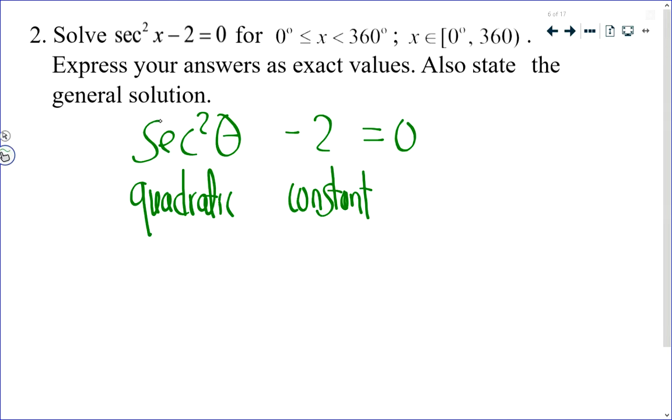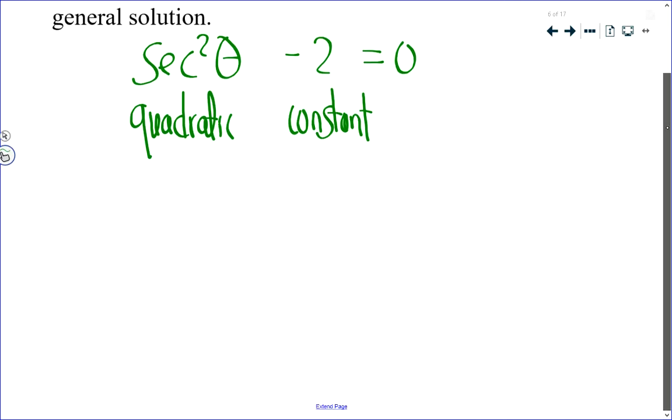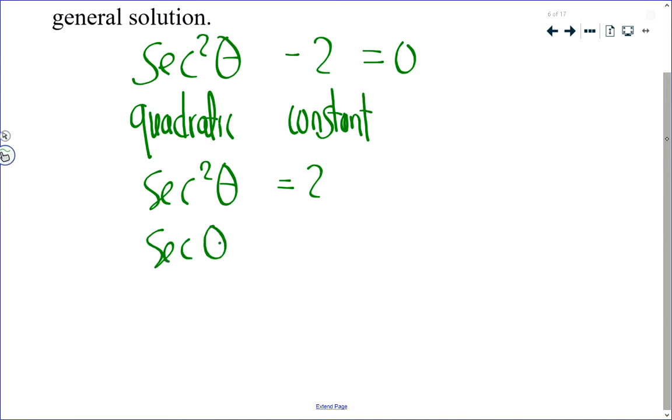And when you solve these equations, factoring does not play a role. What you're simply going to do is rearrange for the trigonometric ratio. So we have secant squared of theta equals 2, which means we can take the square root of both sides to get secant of theta equals plus or minus root 2.